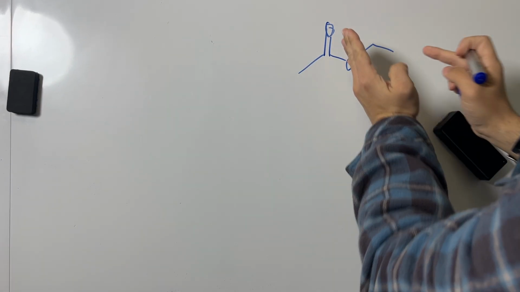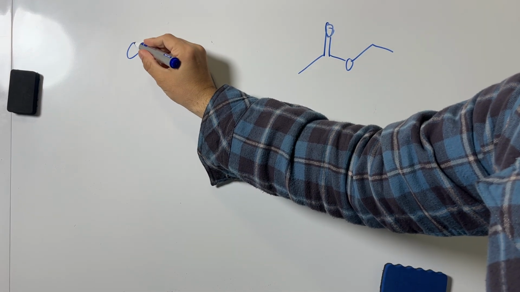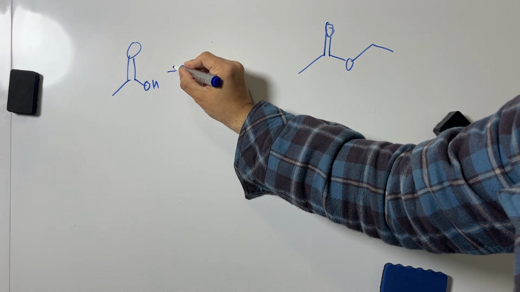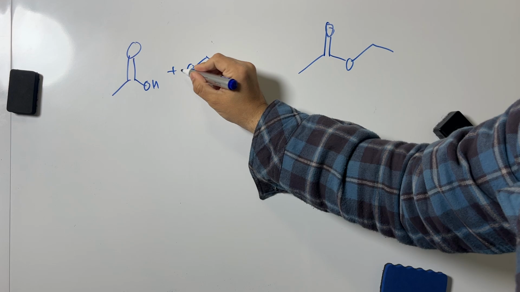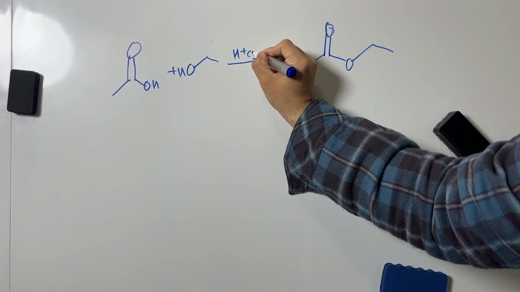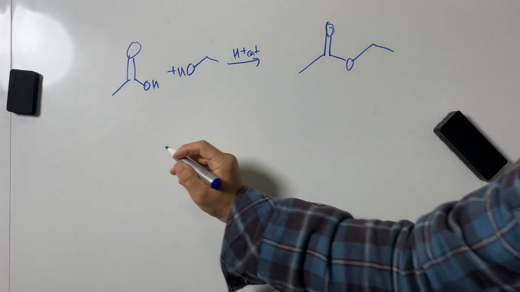Then we go this way: what do we need? That's ethanol. So you take acetic acid plus ethanol and H plus cat. Usually in real life you do a little bit of heat, and that gets you your ethyl acetate.